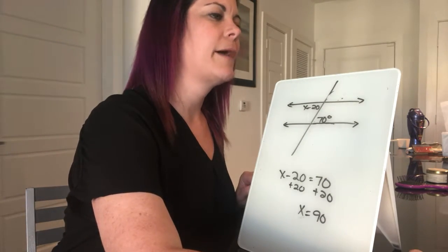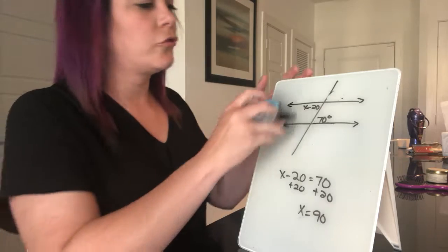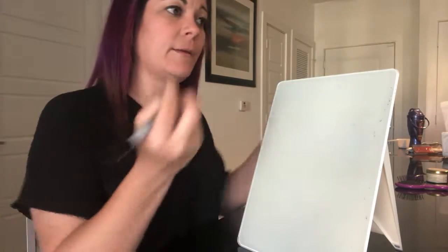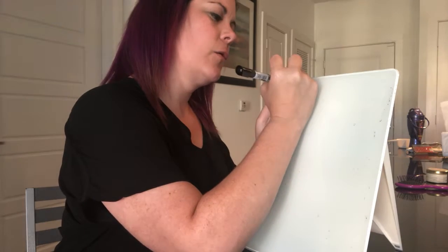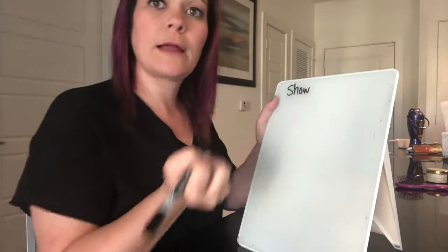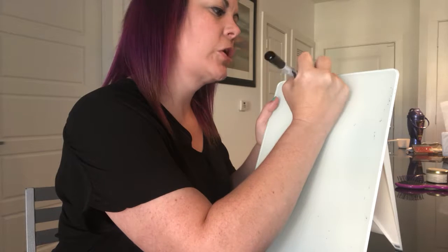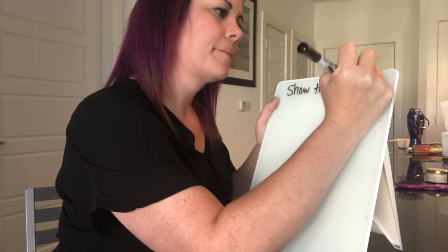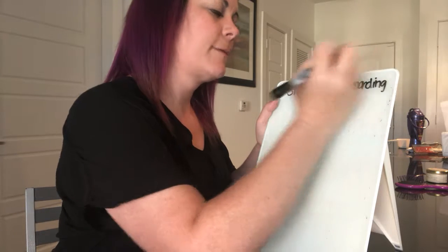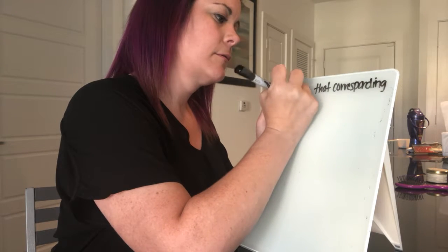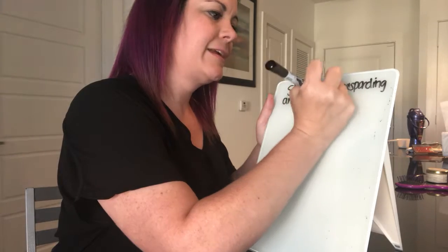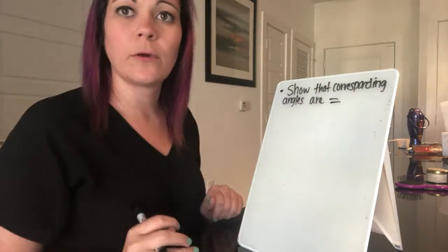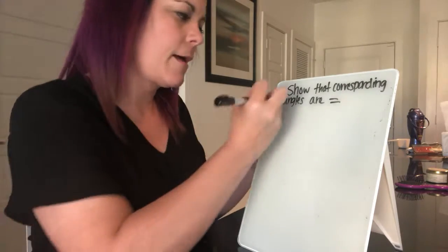Okay, so let's talk about ways to prove two lines are parallel. If you're taking notes, this might be a time for taking notes. First one is show that corresponding angles are equal. So if you can prove that corresponding angles are equal, you can prove that the two lines are parallel.